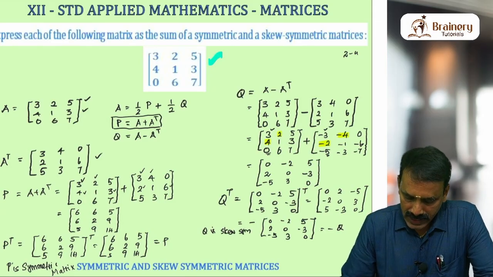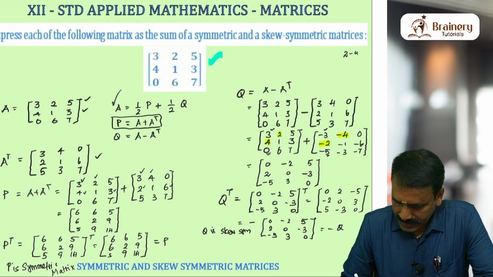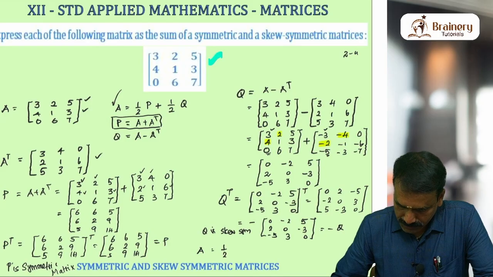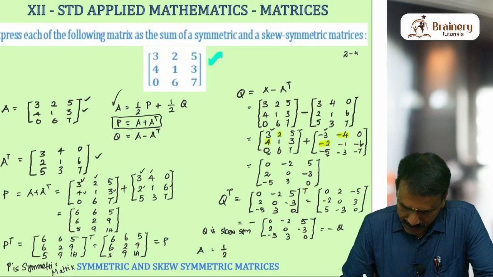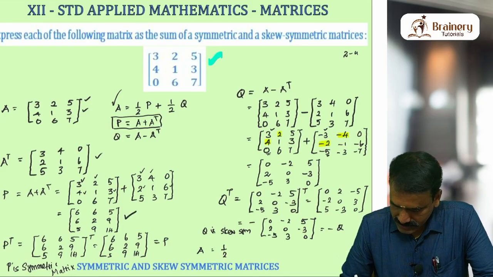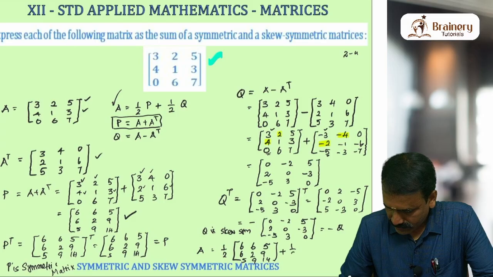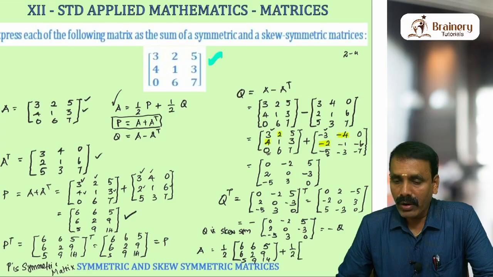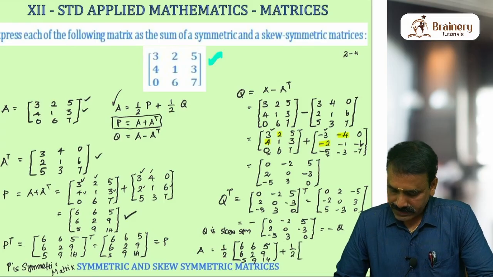We are supposed to express A. So how to write A now? A is given by the formula 1 by 2 times P. What is your P? P is this matrix. 6, 6, 5, 6, 2, 9, 5, 9, 14 plus 1 by 2 times Q, the skew symmetric matrix.